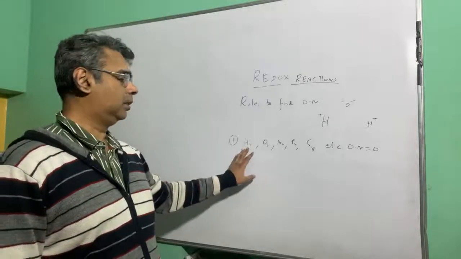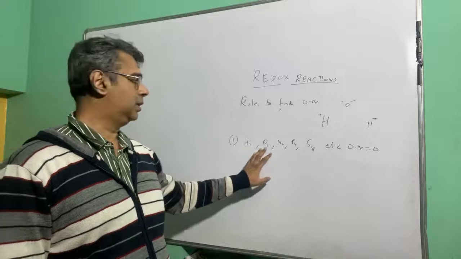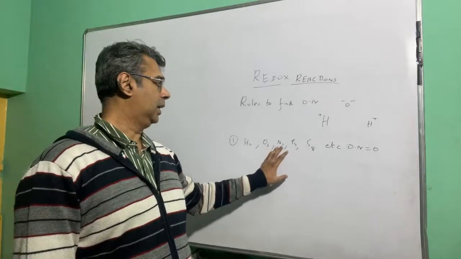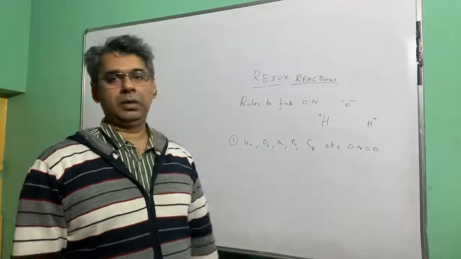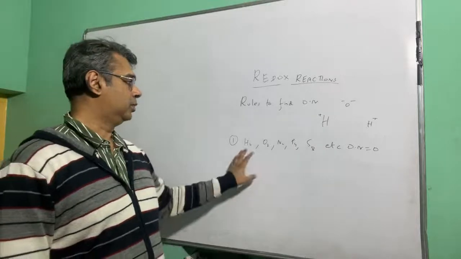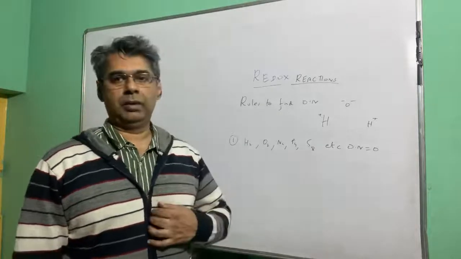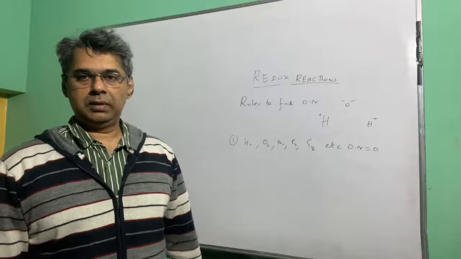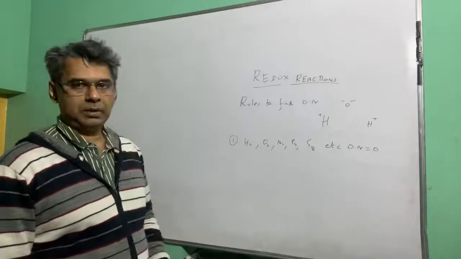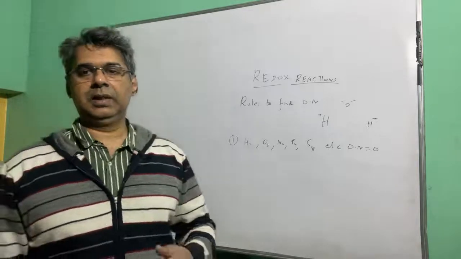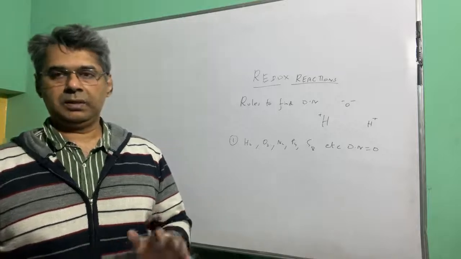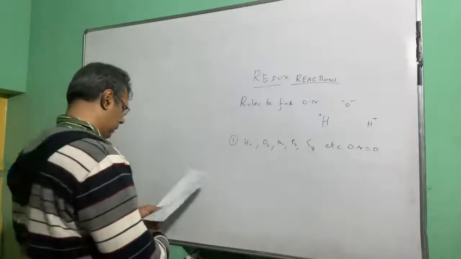The elementary form of hydrogen is H2, oxygen is O2, nitrogen is N2, phosphorus is P4, sulfur is S8. Because they are in elementary form, the oxidation number will be 0. So whenever an element is in the elementary form, the oxidation number is 0. That is rule number 1.